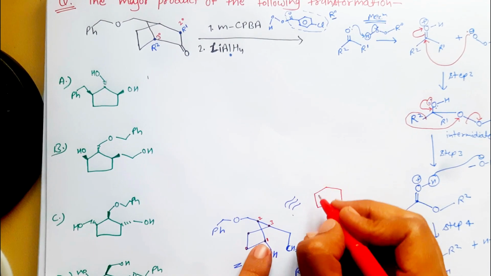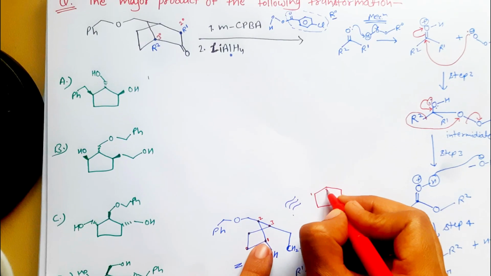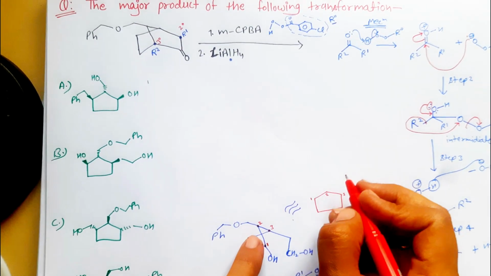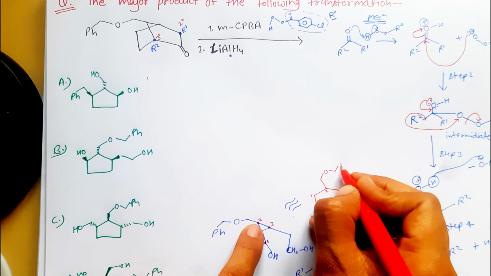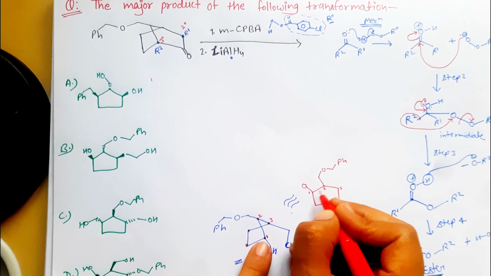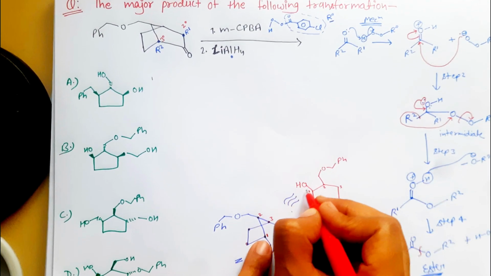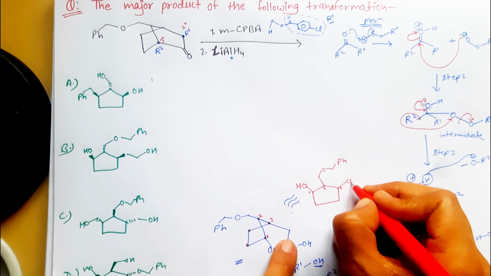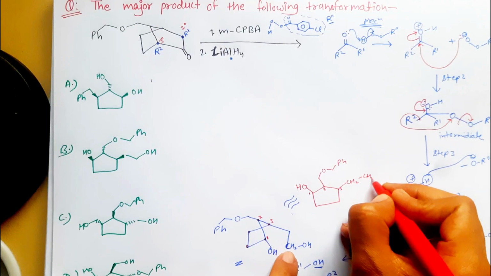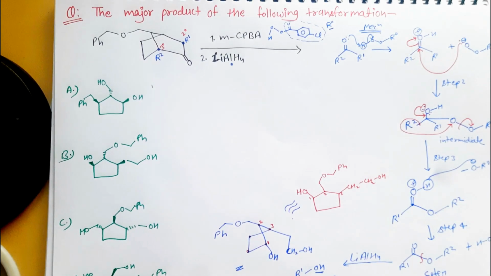We saw here on the bridgehead position they give this group, and on the C1 carbon we get one OH group, and on the C3 carbon we get CH2CH2OH. So this is our final product.